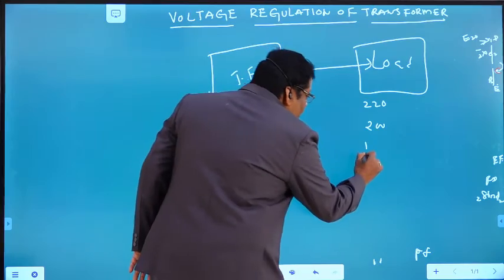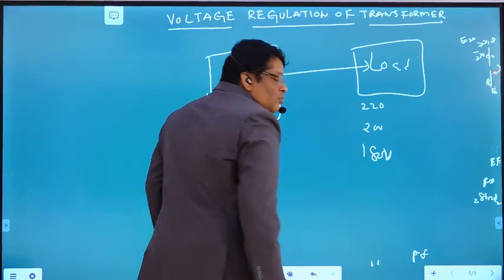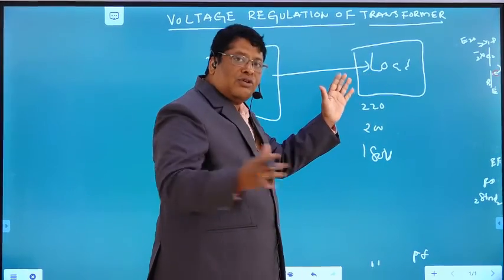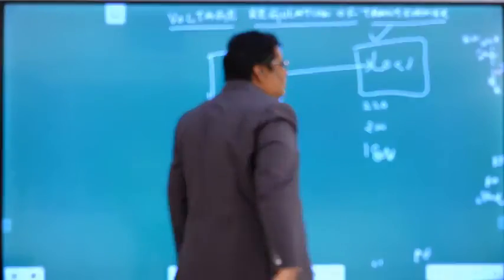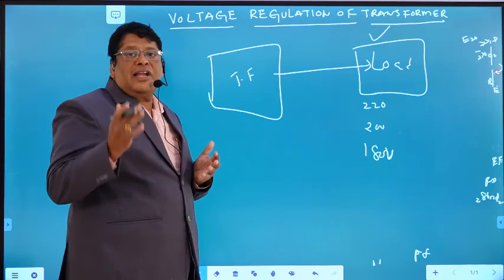It may come down to 180 volts. Whenever the voltage given by the transformer to the load decreases as the load increases drastically, the performance of the load will be affected. That information we come to know from the voltage regulation calculation of a transformer.